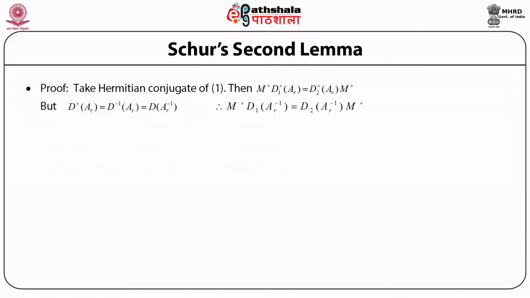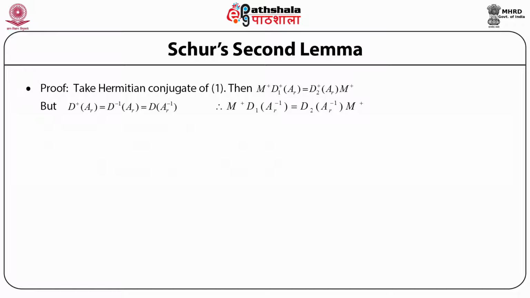We will now indicate the proof of Schur's second lemma. Let us start with two matrices D1 and D2 and a matrix M such that D1(A_R) M is equal to M D2(A_R) for all elements A_R belonging to G. Taking the Hermitian conjugate of this, we get M dagger D1 dagger(A_R) is equal to D2 dagger(A_R) into M dagger.